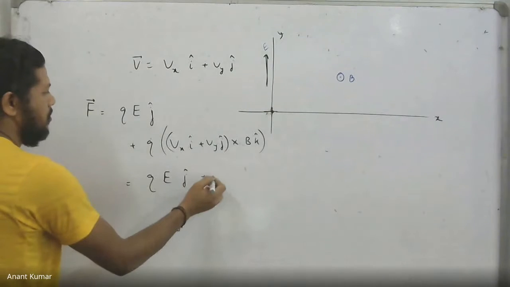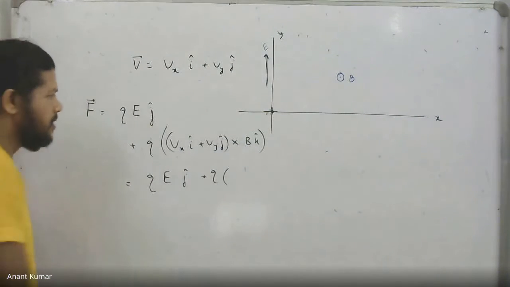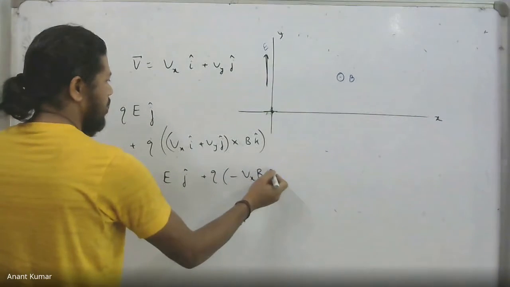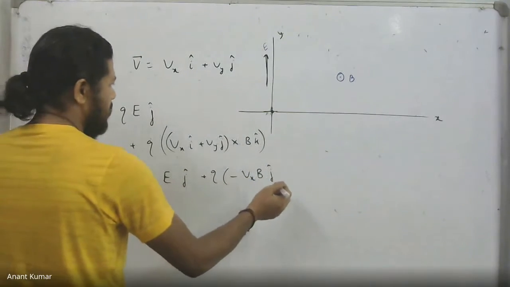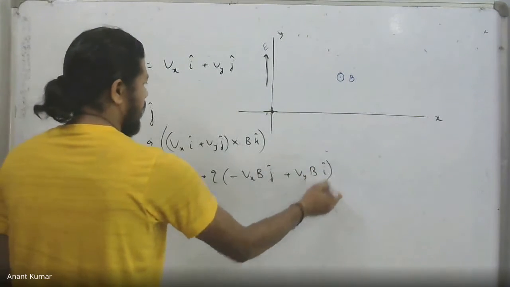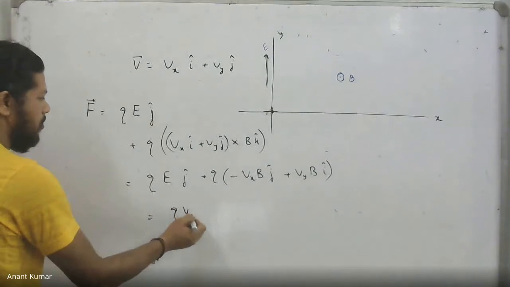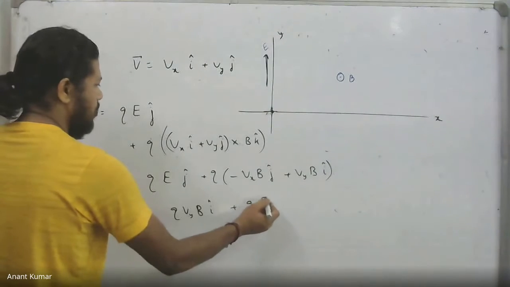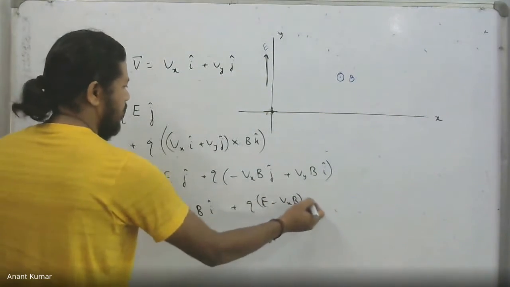Now i cross k is nothing but minus j, so I get minus vx B j cap, and j cross k is nothing but i, so I get plus vy B along i cap. Clubbing them together, we have q into vy B along i cap plus q into (E minus vx B) along the j cap.